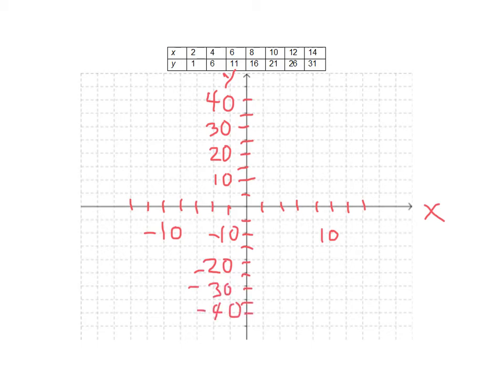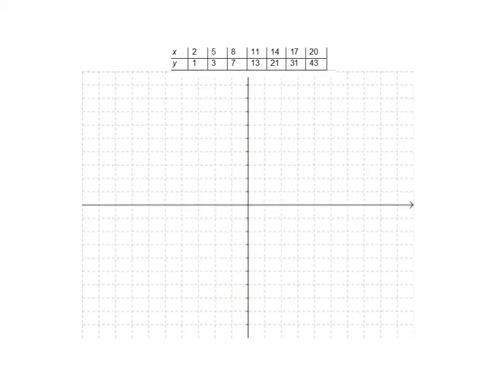Okay, so now I'll be able to fit all the data on there. Go ahead and plot those numbers. All right, let's move on to the next problem. Here's our data. Let's label our x and y axis.